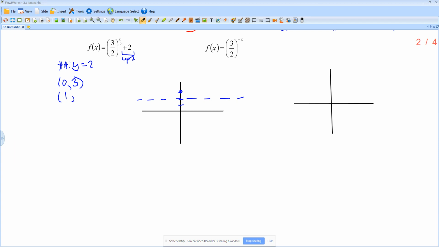If I substituted 1 in, I'd have just 3 halves, but plus 2. If I wanted to write 2 as something over 2, it becomes 4 over 2. So this is 7 halves, which is 3.5. And my exponential function would look like this. Also increasing.